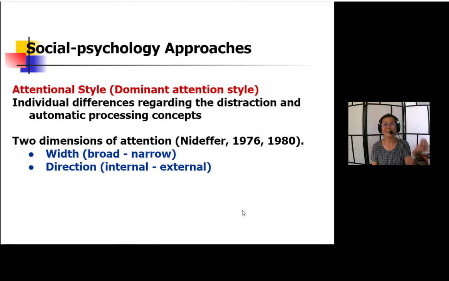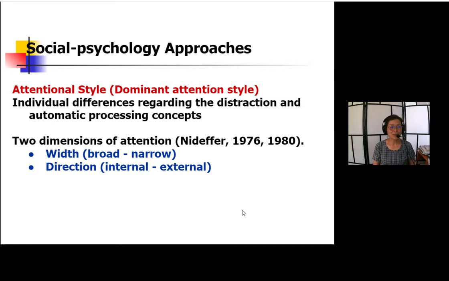Attentional style actually is a typical response that we develop over time and it becomes kind of our traits. In a way, it's our personality, and all of us have a dominant attentional style that we developed over time, which could help us perform better. Sometimes it hinders our best performance. You will see why on the next few slides.